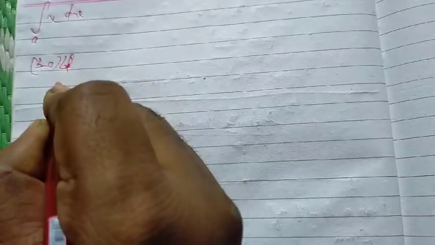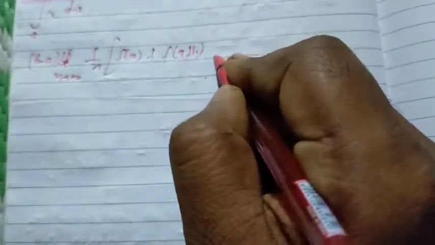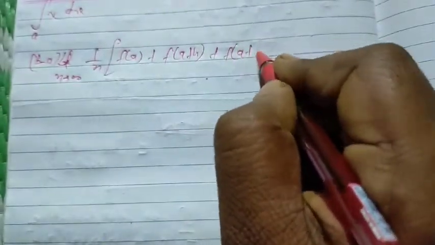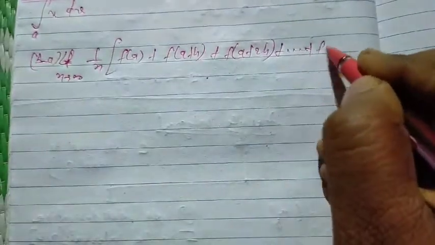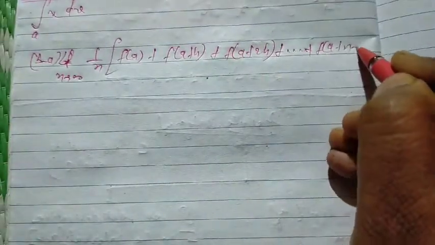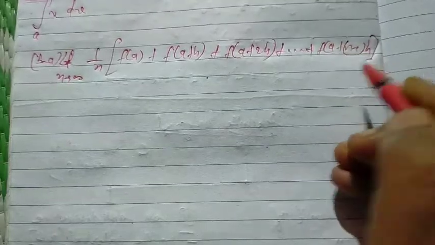That is b minus a, limit n tends to infinity, 1 upon n, f of a plus f of a plus h plus f of a plus 2h plus f of a plus n minus 1 h.